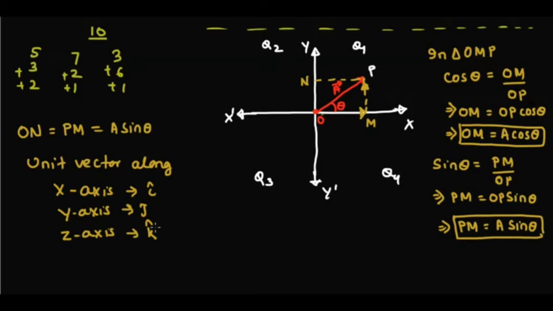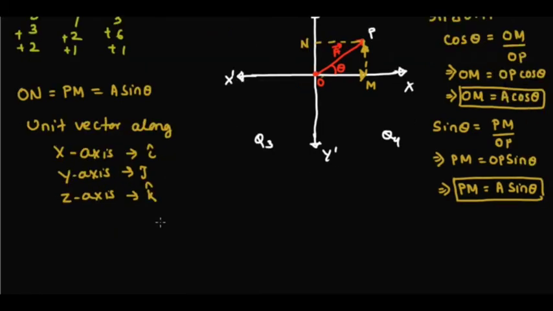Is that clear? Okay. So I will construct two vectors, OM vector. OM vector has the magnitude A cos theta because we have found the length of OM is A cos theta and it is directed along the positive x-axis.